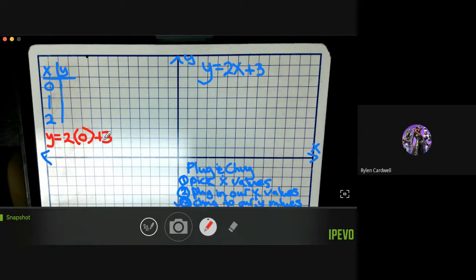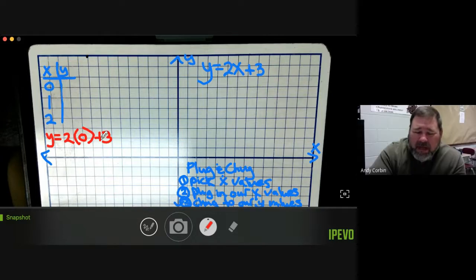Multiplication. Yeah, it's not a trick question. When I have this 2x right here, that means 2 times x, okay? And so y equals 2 times 0 because that's what I'm plugging in for x, right? And so that's 2 times 0 is 0 plus 3 is 3. So when x is 0, y is 3.